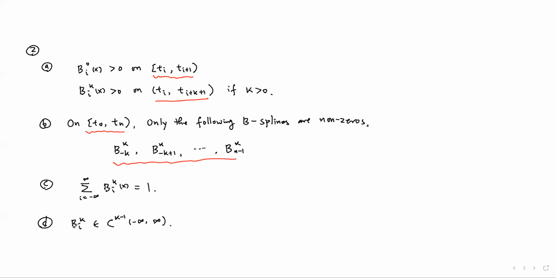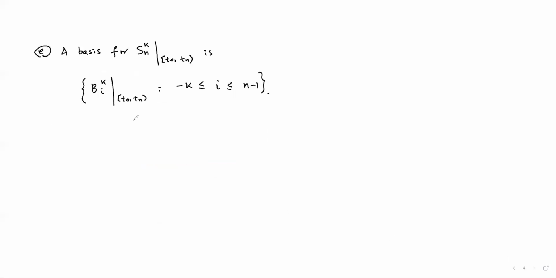Property four, B_{i,k} is very smooth. It is in this space, smooth of order k minus 1. The last property: for this space, restrict the functions in S_k to this interval.